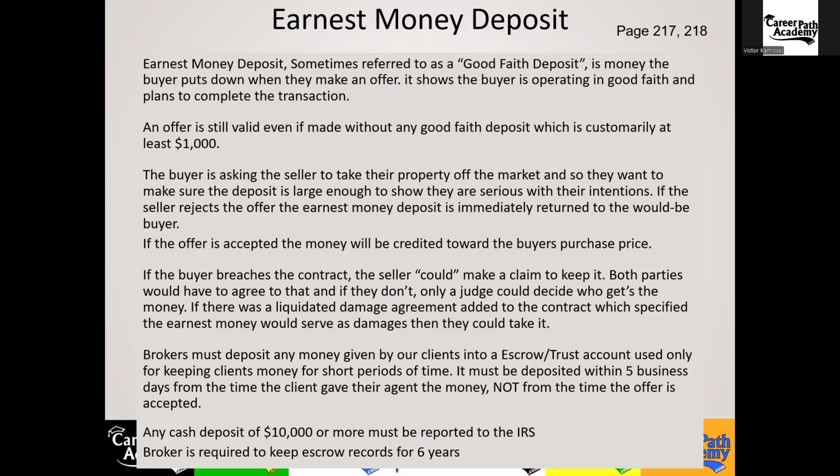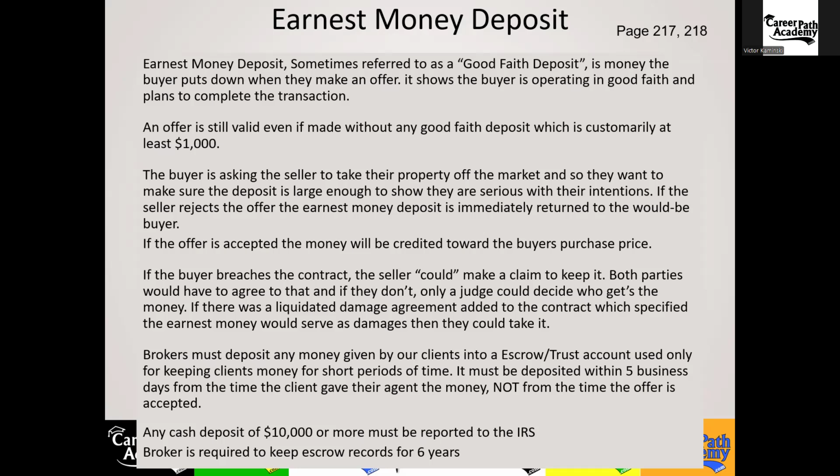And if the seller rejects the offer, the earnest money deposit would be immediately returned to that would-be buyer. If the offer is accepted, the money will be credited towards the buyer's purchase price. If the buyer breaches the contract, the seller could possibly make a claim to keep it.